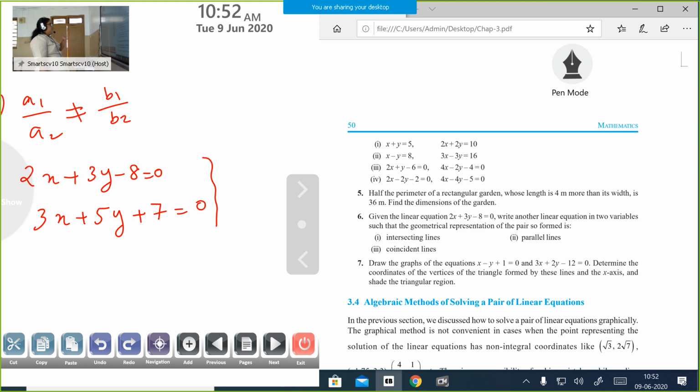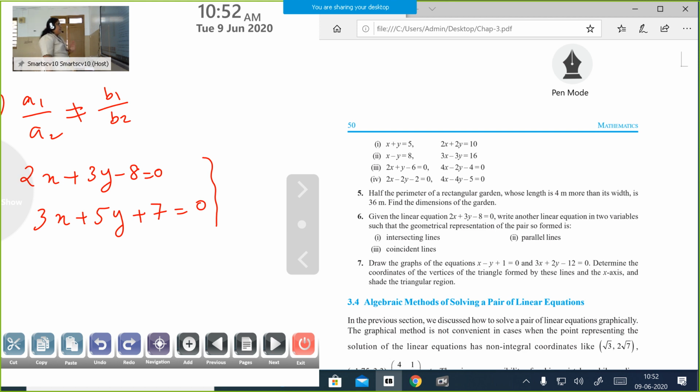Let's check the coefficients. The ratio a1 by a2, 2 by 3, is not equal to 3 by 5. That means the geometrical representation of the pair so formed is intersecting lines.